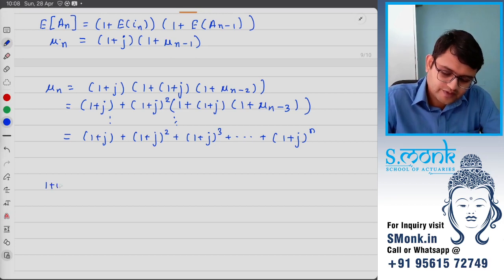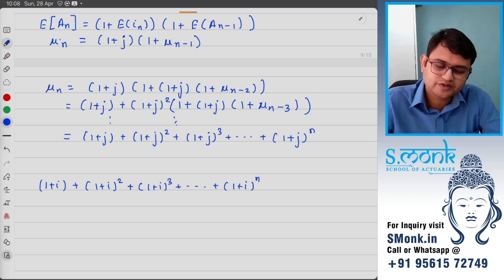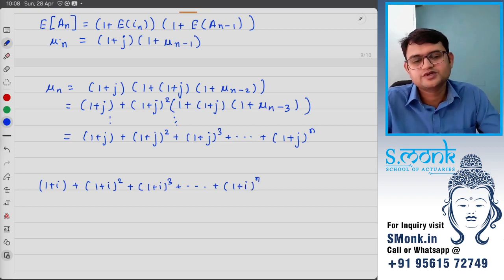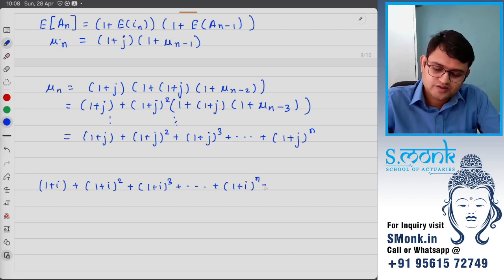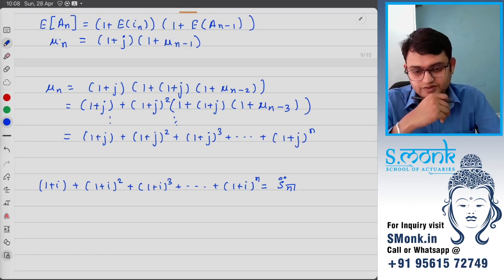What would (1 plus i) plus (1 plus i) squared plus (1 plus i) cubed till (1 plus i) raised to n be? This is going to be s-due-n.